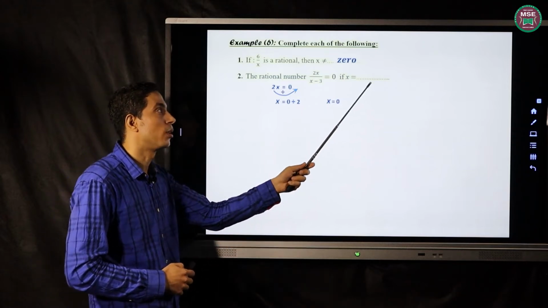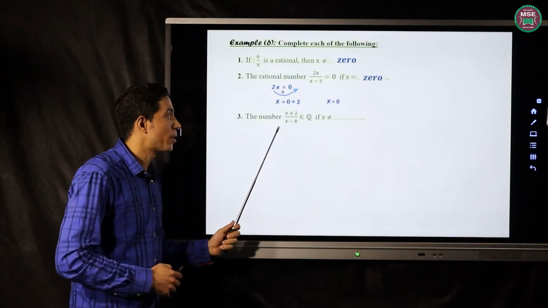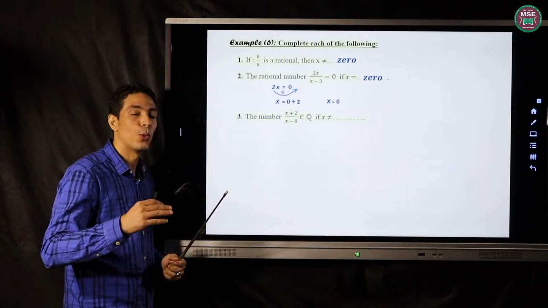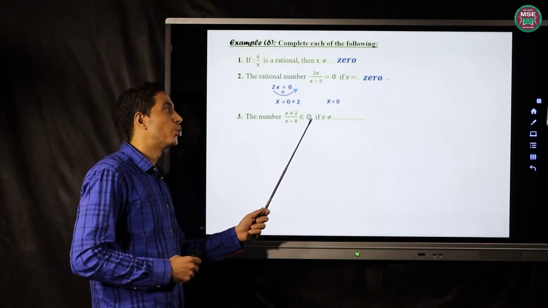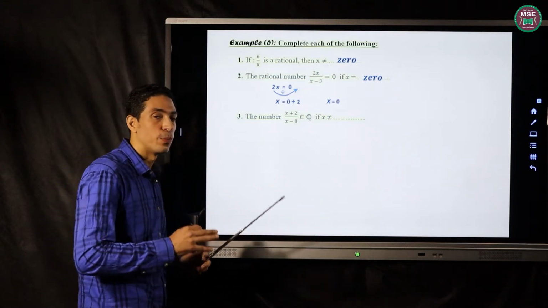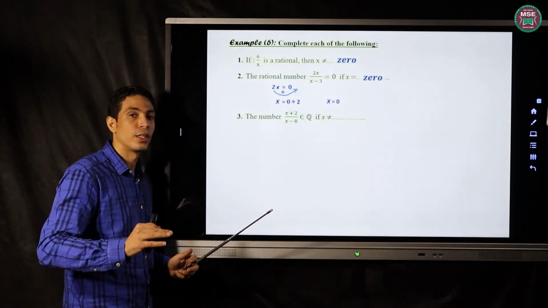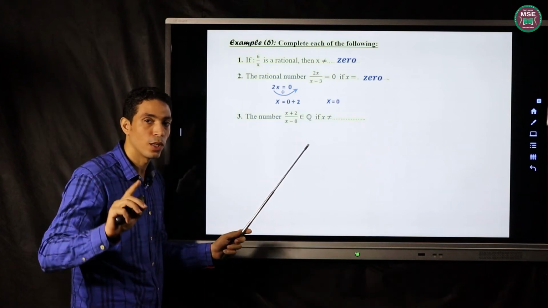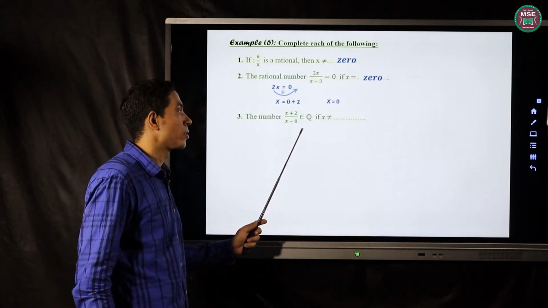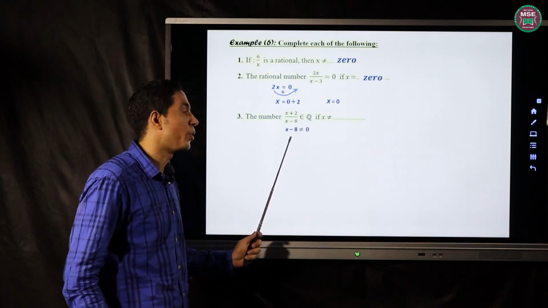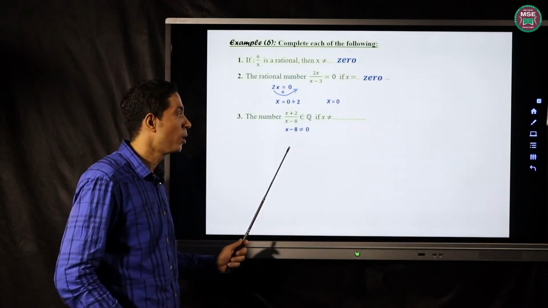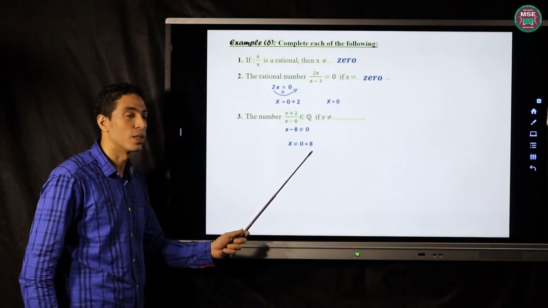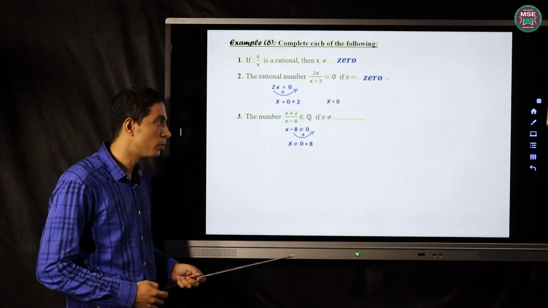Then x equals 0. Number 3: the number (x plus 2) over (x minus 8) belongs to Q. Because this fraction belongs to the set of rational numbers, the denominator x minus 8 must not equal 0. x minus 8 must be not equal to 0. Negative 8 will go to the other side with a positive sign. Then x must be not equal to 0 plus 8, which equals 8.